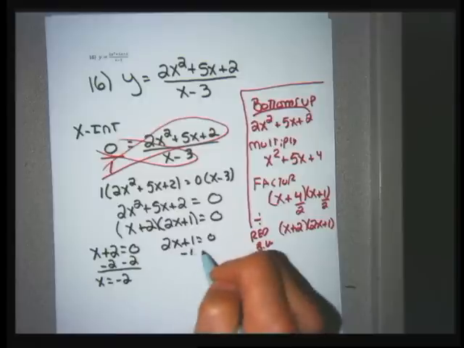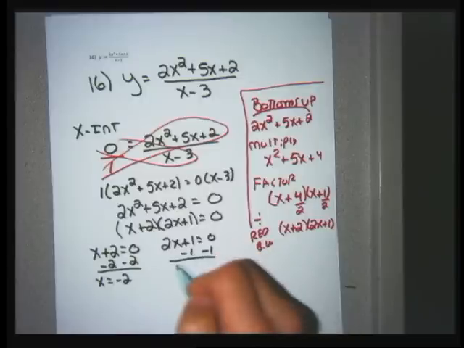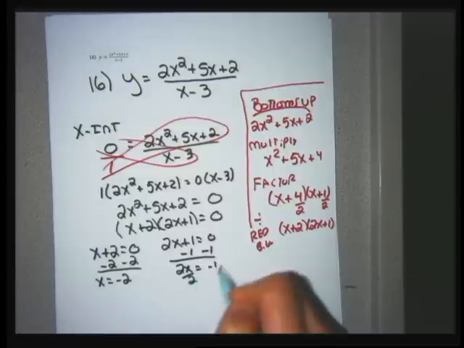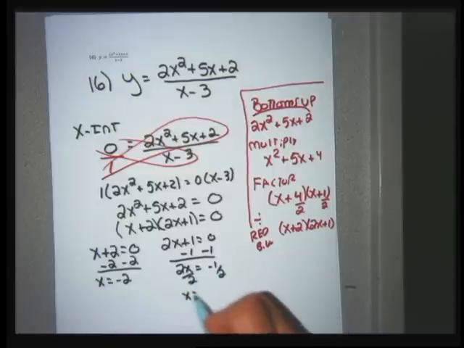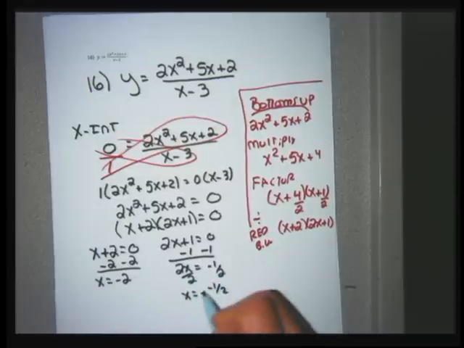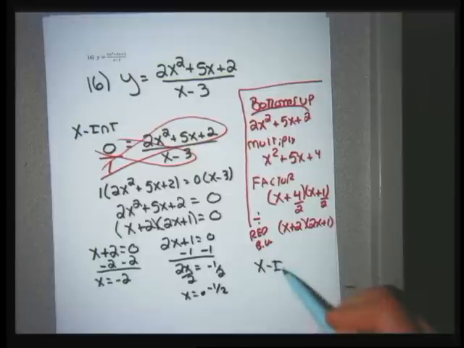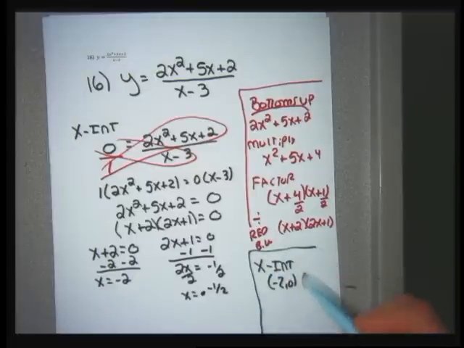For the 2x plus 1, I minus 1 and get 2x equal to -1, and then divide both sides by 2 and get x equal to -1/2. Too many negatives there. So for an answer here, my x-intercepts are going to be the point -2, 0, and -1/2, 0. Again, that's the best way to write the answer, so I'll just write them the best way.